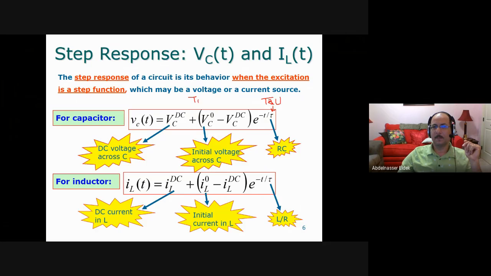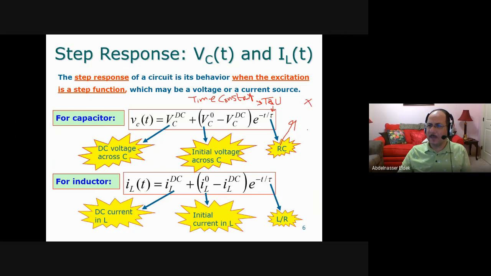Time constant. This is the time constant, tau. And what is tau? Tau equals R times C. How do you calculate it? C is the capacitance. We know this. R is the resistance between the two terminals of the capacitor.